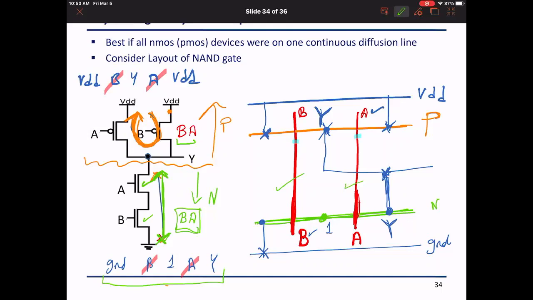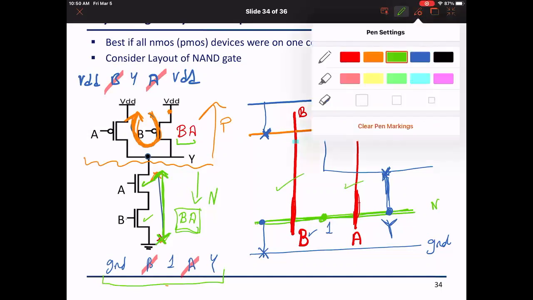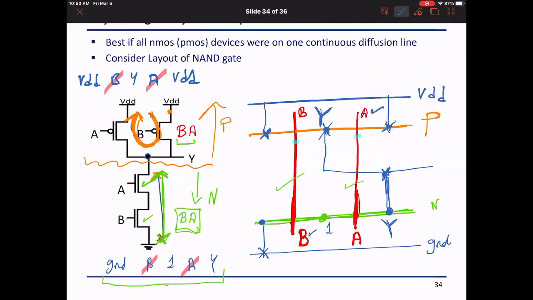Okay, now what nodes did this path visit? It visited the source node of B, which was ground, right? And then it visited the drain node of B, which was node 1, right?